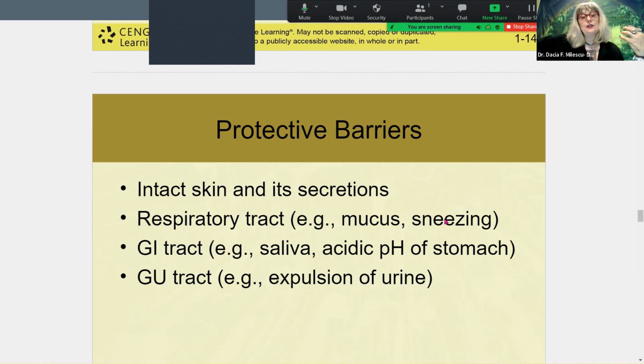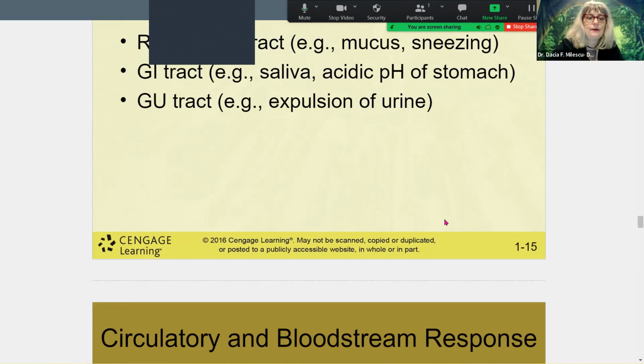Another example in the gastrointestinal tract would be Peyer's patches, different patches across the intestinal tract, patches of lymphoid tissue that contain white blood cells to fight off infection. All right, then there's the genitourinary tract. By expulsion of the urine, the propulsion of urine is going to also release any kind of pathogen.